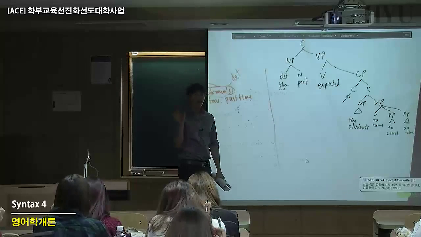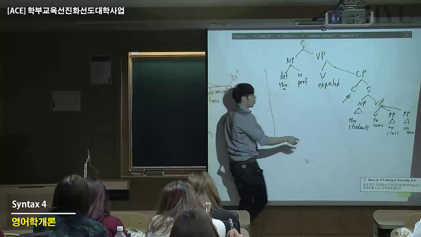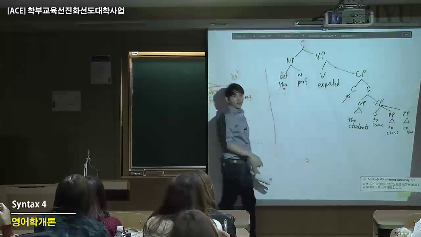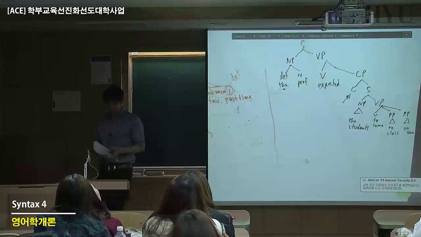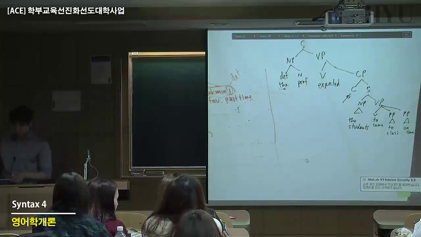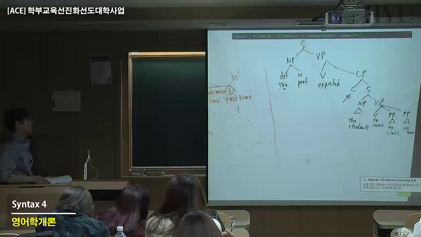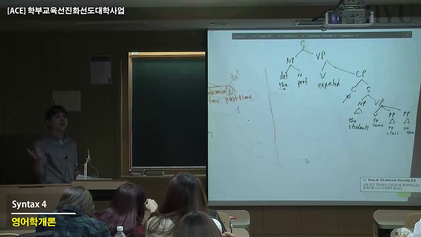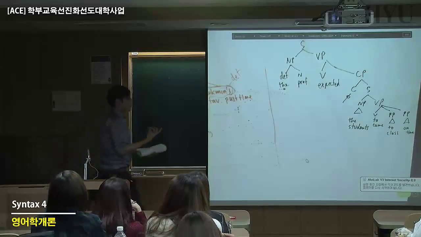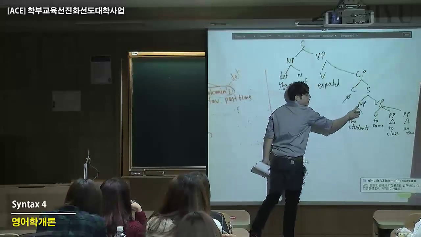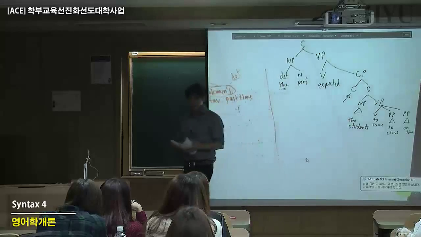Pro is a pronoun that is not there. So pro can be here because it's the subject of the verb, okay? Pro is just like a pronoun, okay? And the place of a pronoun is always here, right? Which is the subject of the verb, okay?